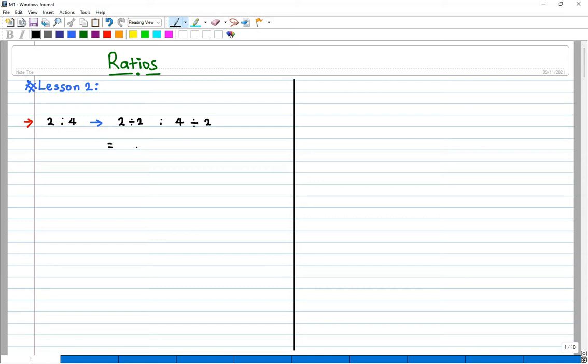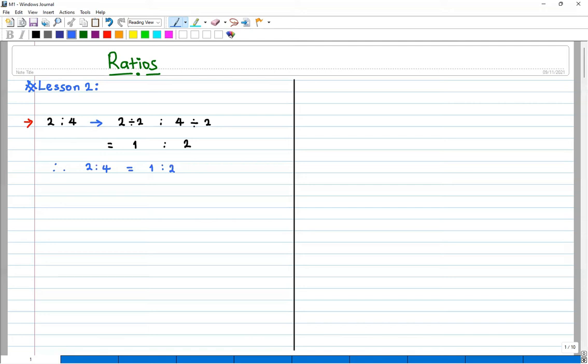So this will give us 1 to 2. So we can simply say that the ratio 2 to 4 is equal to 1 to 2. Okay? You know, these are equivalent ratios. And now that's how we can write it in simplest form.